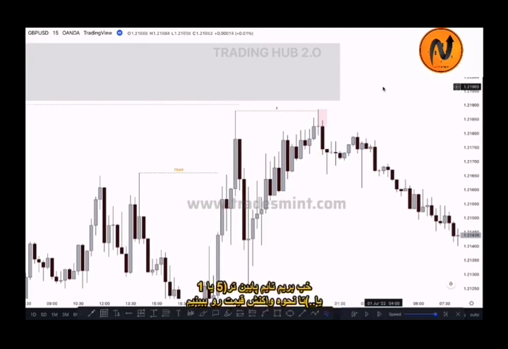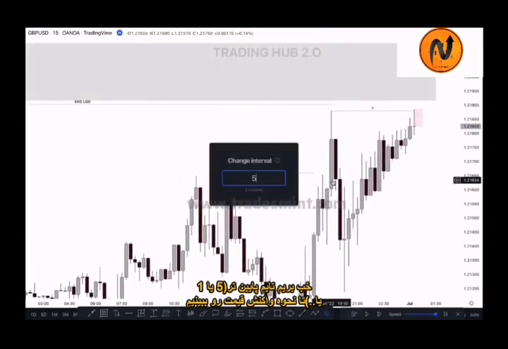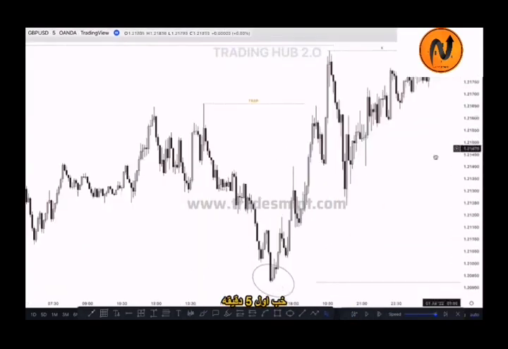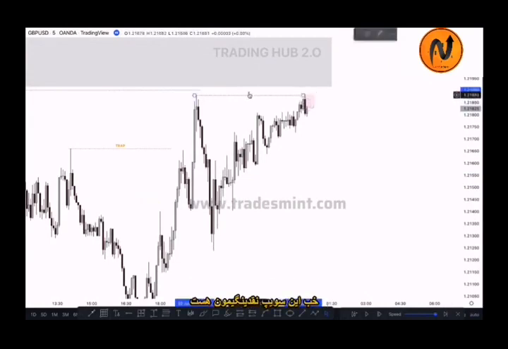Now let's switch to the lower time frame at the same point, 5 minute and 1 minute, to see how price is actually reacting here. First, see on the 5 minute, you can see that on the 5 minute also the market trapped and closed below it. So this one is our liquidity sweep.